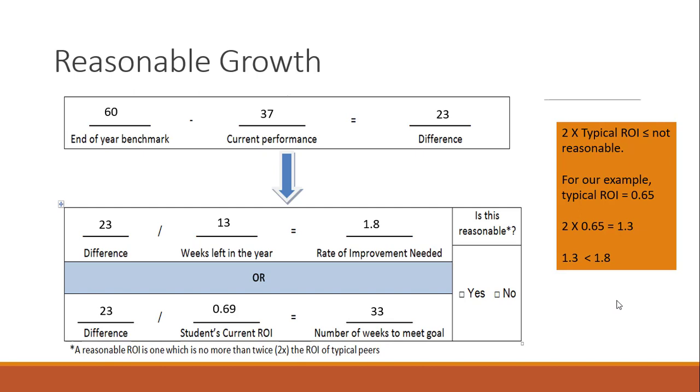For our example, remember we calculated the typical ROI at 0.65, and 2 times the 0.65 equals 1.3. 1.3 is less than 1.8, which means the rate of improvement needed is actually twice that of what every other kid is doing. And we already know this kid is having problems. There's no way he's going to learn 2 times faster than other kids when he's still struggling. And so it's not reasonable.